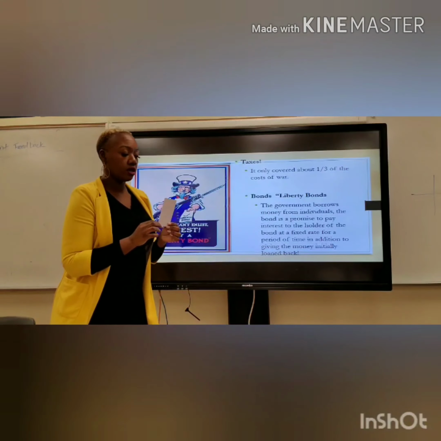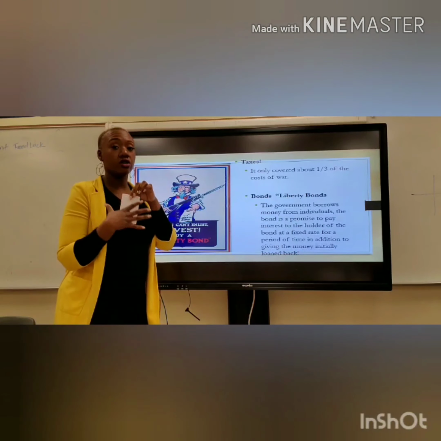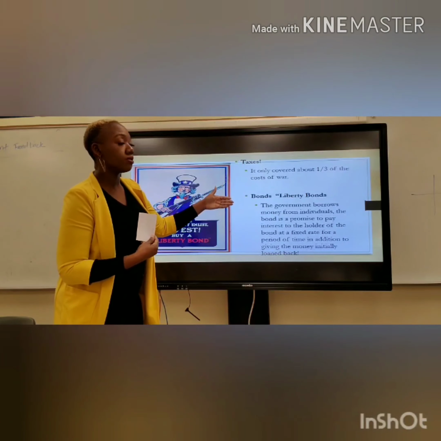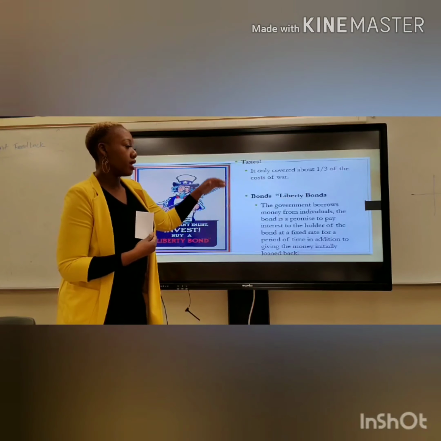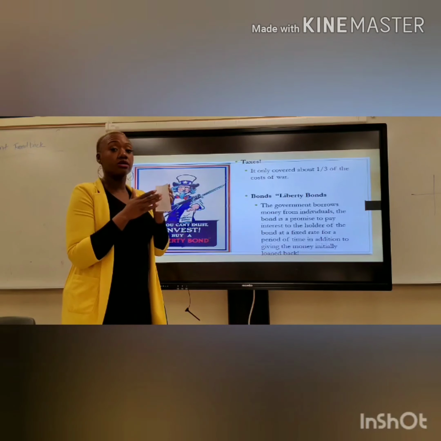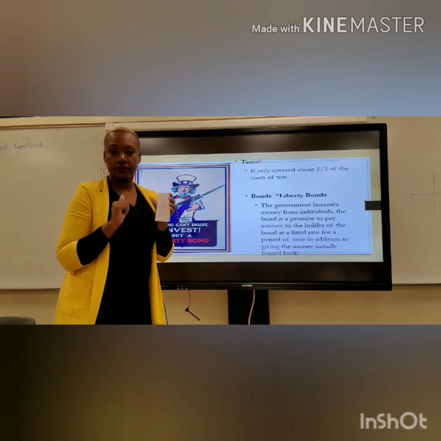This certificate outlines the details of the loan that you provided the government with. The government borrows money from individuals, and the details of this bond is basically a promise to pay you back with interest. Okay?